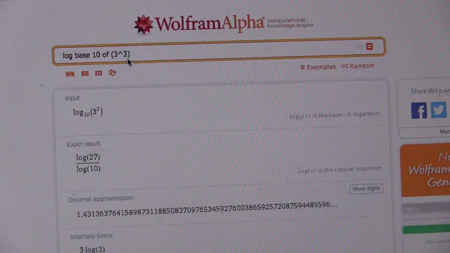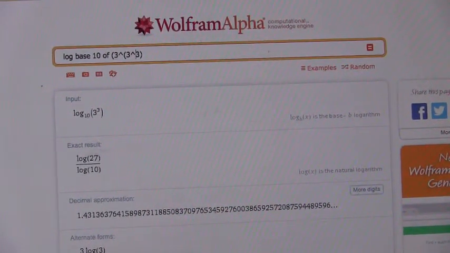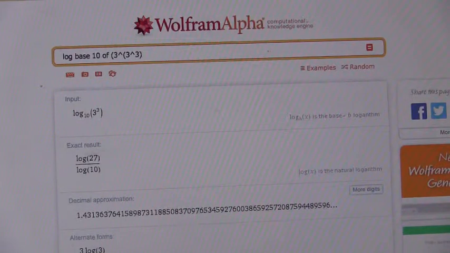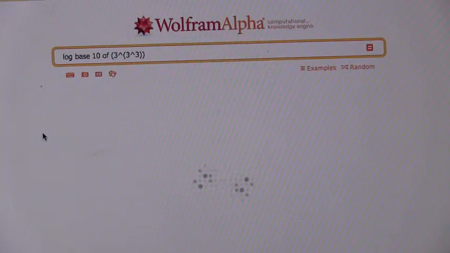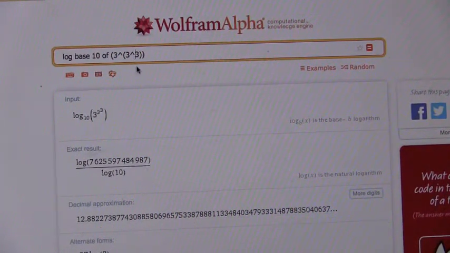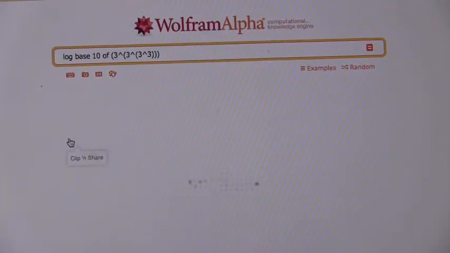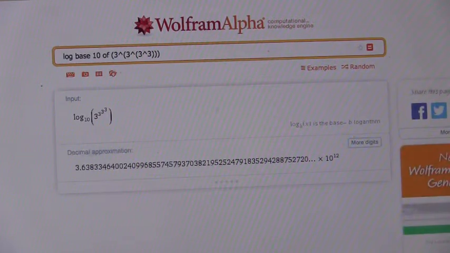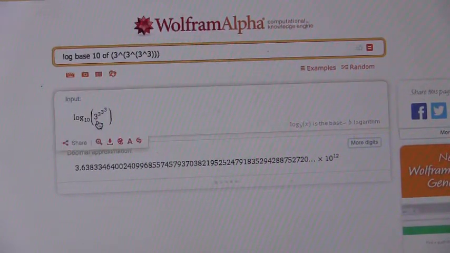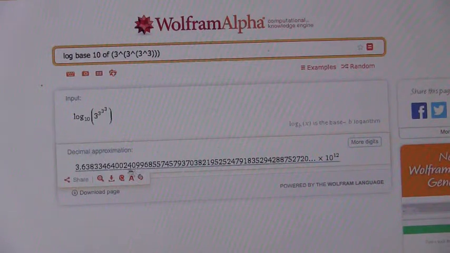And then we just keep walking up the powers in the tower, right? 3 to the 3 to the 3. And already I'm up to 13 digits. Wow. Just with 4 3s in a tower, look how many digits I have. It's 3.6 times 10 to the 12th.